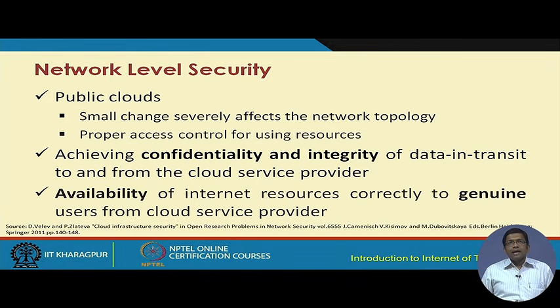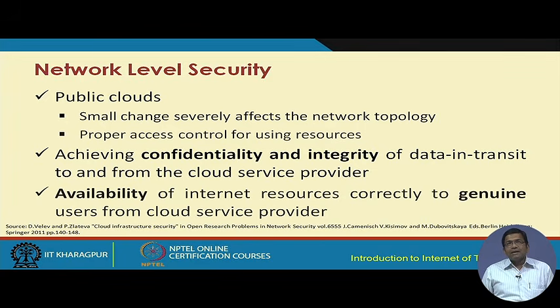Second thing is achieving character traits like confidentiality and integrity of data in transit to and from the cloud service provider. As you know, data confidentiality, integrity, availability and non-repudiation are very important issues in the context of security.